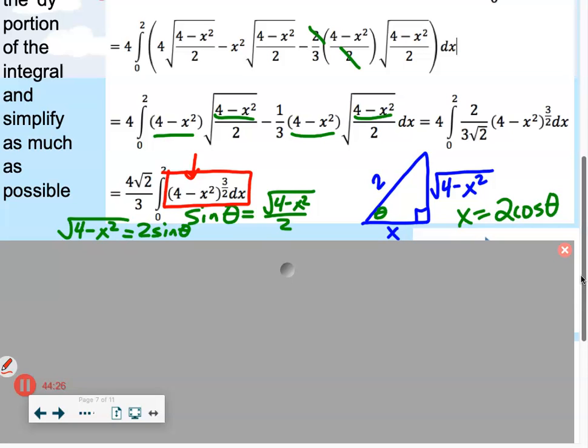You can have sine cubed or sine to the 3 halves or whatever. You can have sine with exponents, that's okay. In this case, 2 sine theta is this guy, and it includes the 1/2, because that's that to the 1/2. So this part, if we cube it, would be equal to 8 sine cubed theta. Is that okay? Does that make sense?